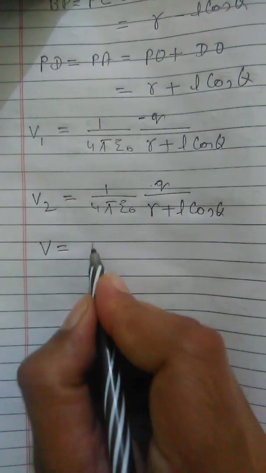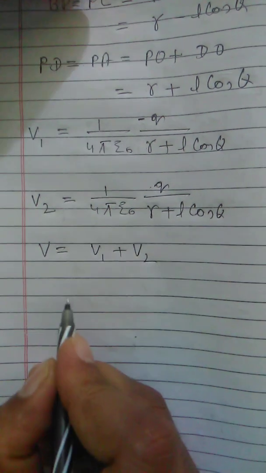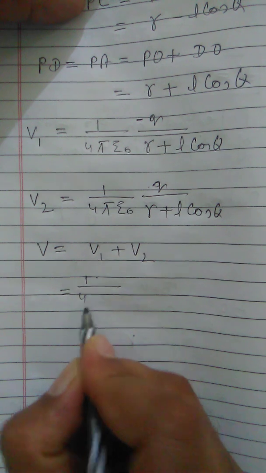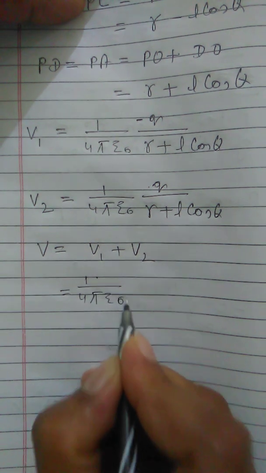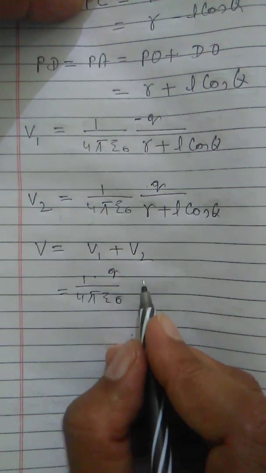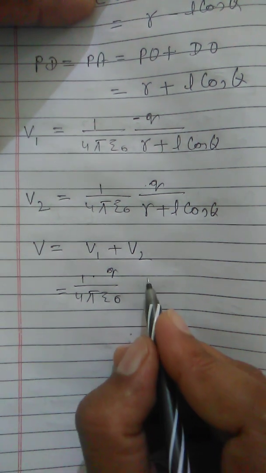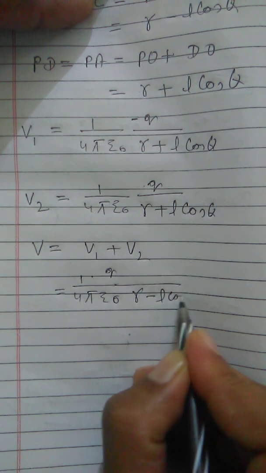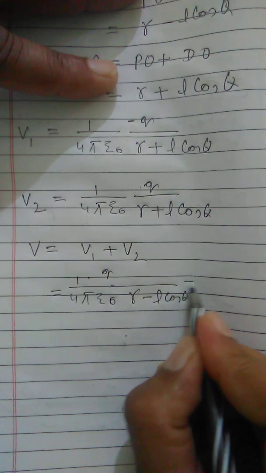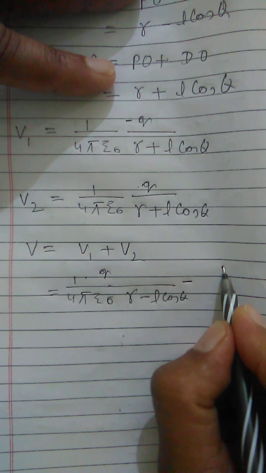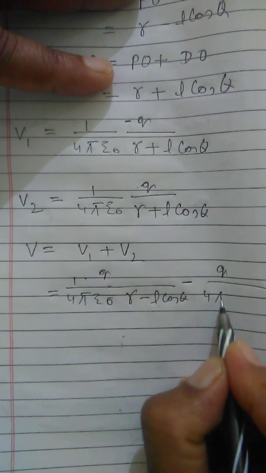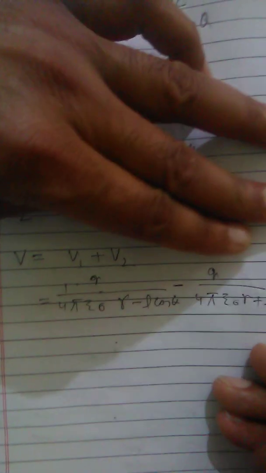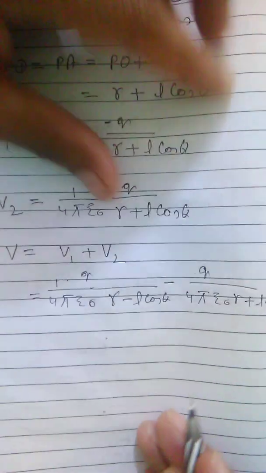Now total V equals V1 plus V2. So the value of V is 1 upon 4 pi epsilon 0 q upon r minus L cos theta, and minus q upon 4 pi epsilon 0 r plus L cos theta.